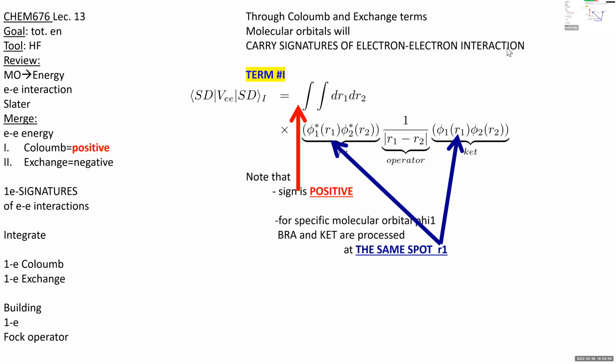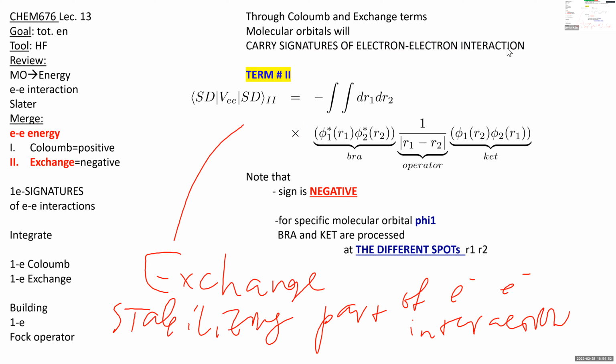And if we go further and look for the cross term, where in the bra we have the first electron in the first orbital, second in second, but in the ket we have the first electron in the second orbital and the second electron in the first orbital. We inherit the minus sign. This minus sign is inherited because of our antisymmetric Slater type wave function.